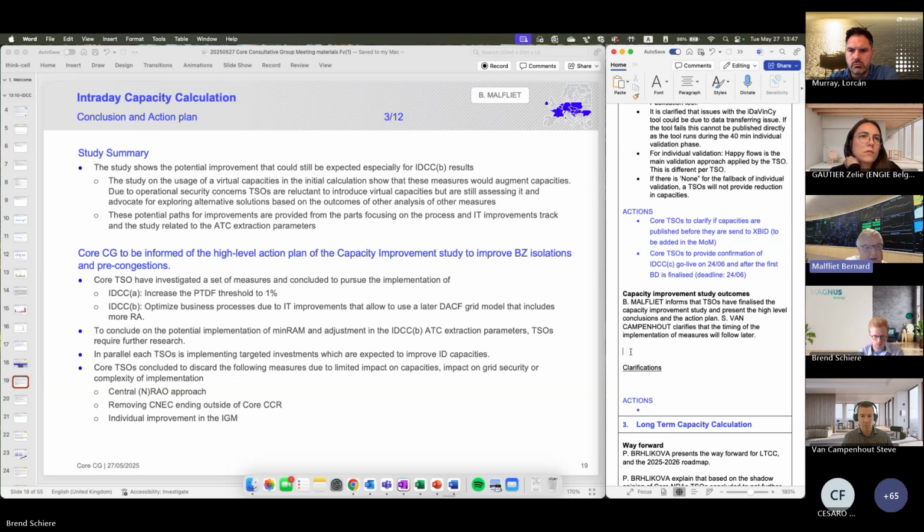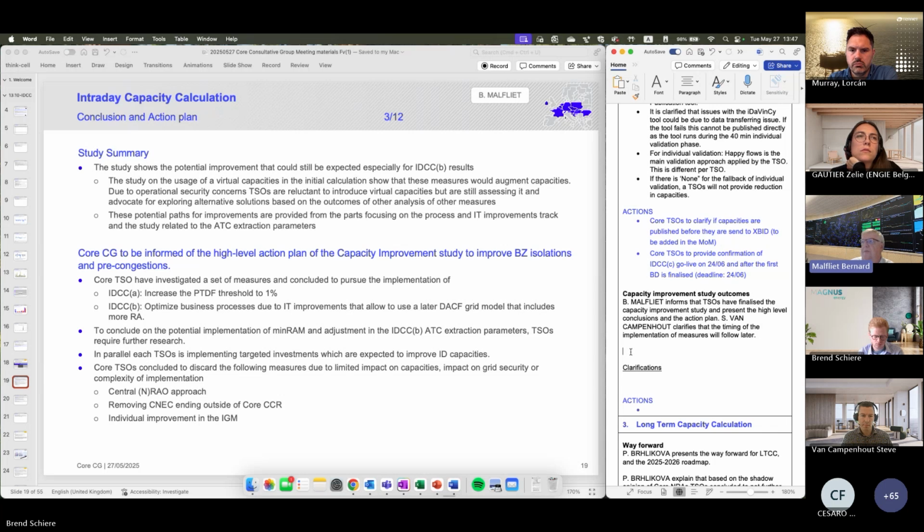So these elements already help quite a lot in improving the capacities. They look like very little things, but when you look at the results, it is quite good. So we have these two things.